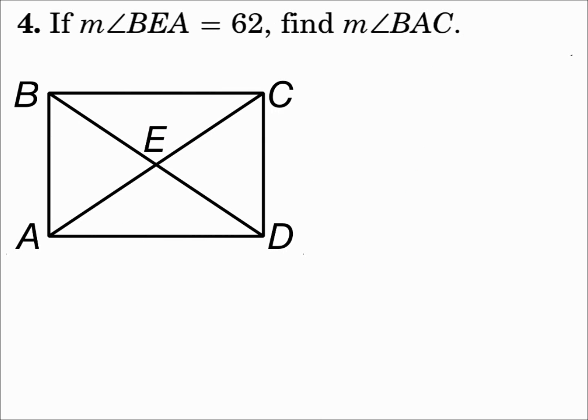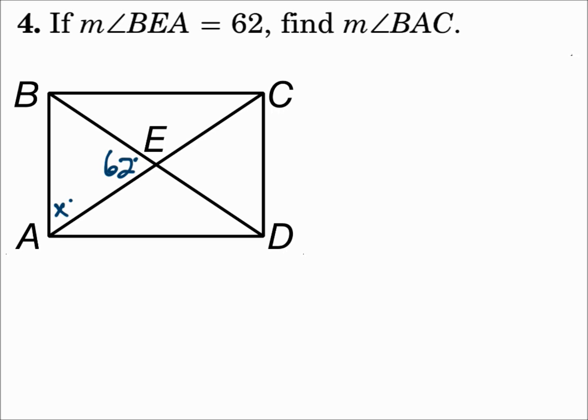Number 4, if the measure of angle BEA is 62 degrees, find the measure of angle BAC. Well, we're dealing with angle measures here, and if you look, we're dealing with 2 angles of triangle ABE.